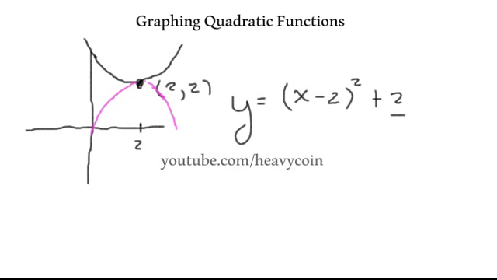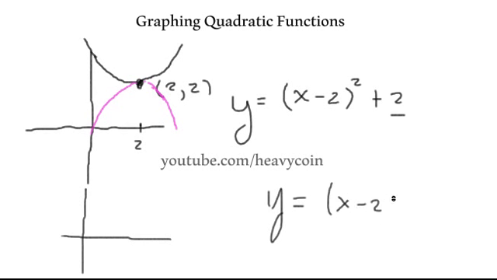Let's just start with this. Let's look at this piece here. Y is equal to x minus 2 squared. So we'd come over 2 units and this is what the graph would look like. We'd have shifted the graph 2 units to the right.